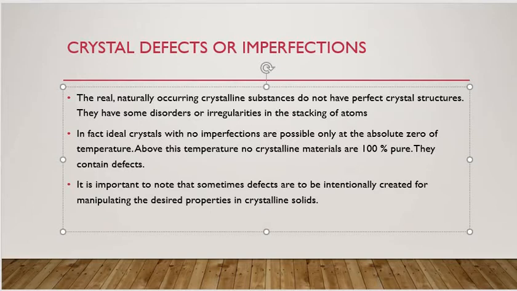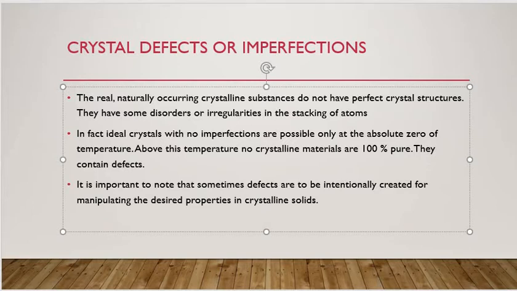And sometimes it is very much obvious nowadays that metal crystal defects are created intentionally or deliberately so that we can manipulate the physical property of crystal and acquire the desired property of crystal.